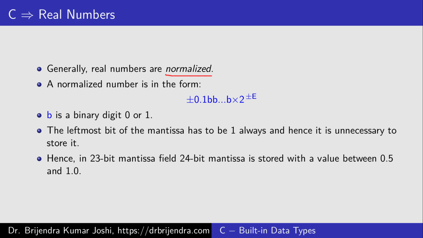For normalization purposes, this bit has to be 1 always. So if the leftmost bit of the mantissa has to be 1 always, then why store it? Because we know it is always going to be 1. So it is unnecessary to store. Hence, in a 23-bit mantissa field, we can store a 24-bit mantissa with a value between 0.5 and 1.0.